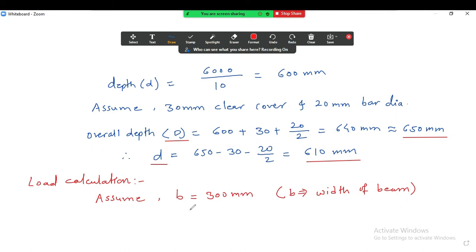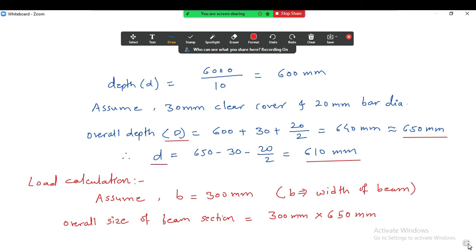So what is the overall size of the beam section? It is 300 mm by 650 mm. So these are the cross sectional dimensions we have considered.